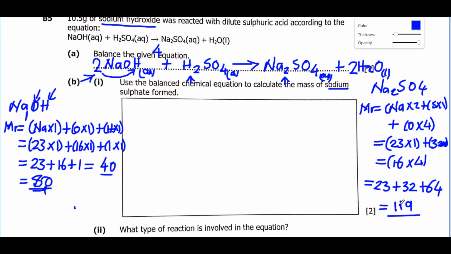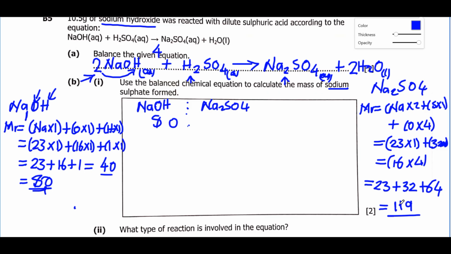Then after this is done, I'm going to say sodium hydroxide to sodium sulfate. The mixture for sodium hydroxide is 80. What is the mass?